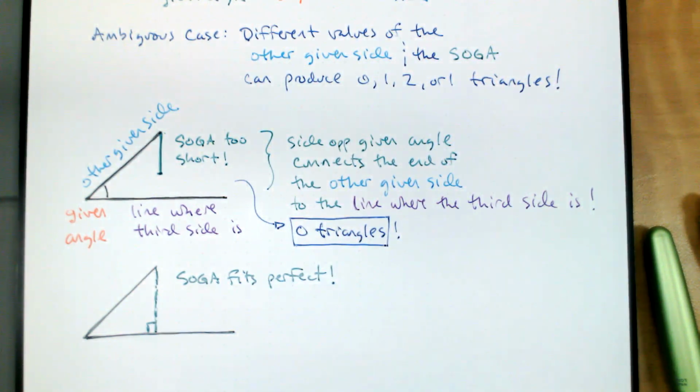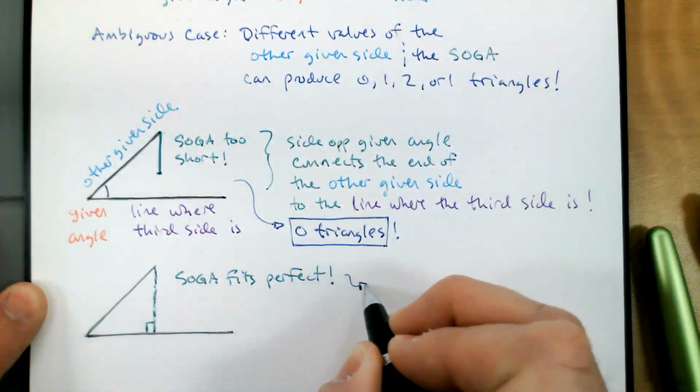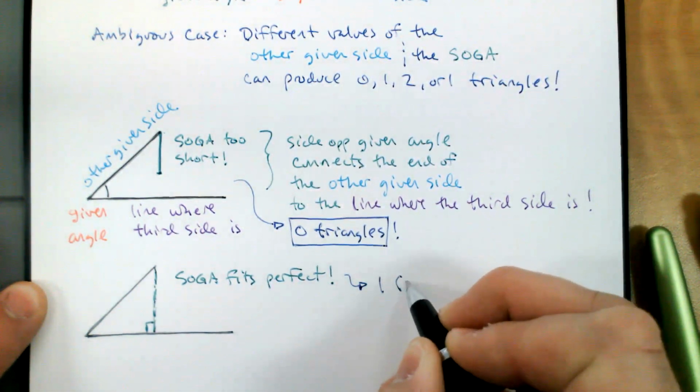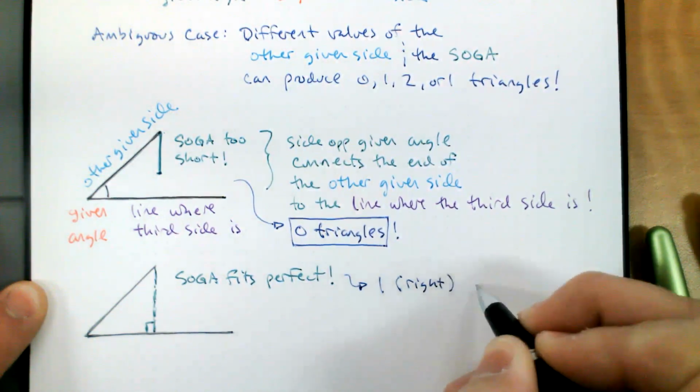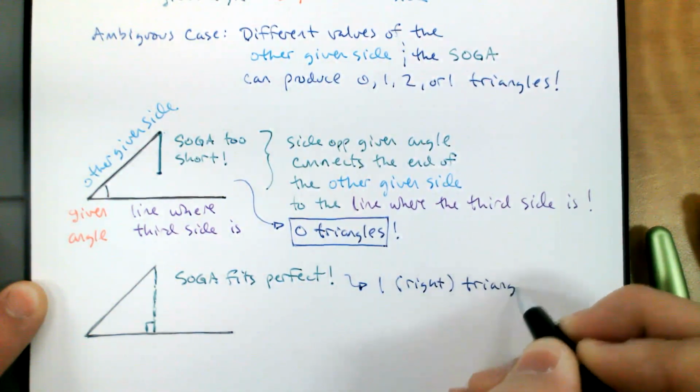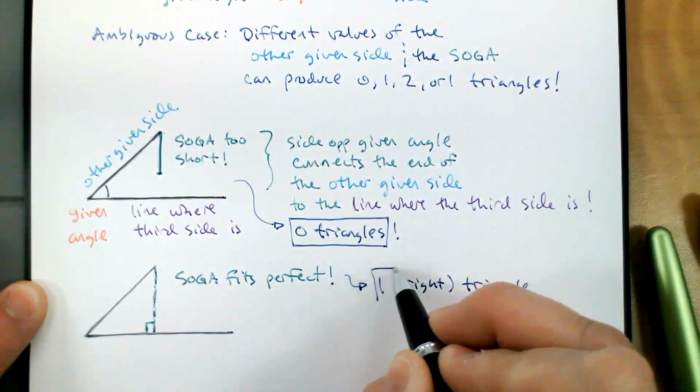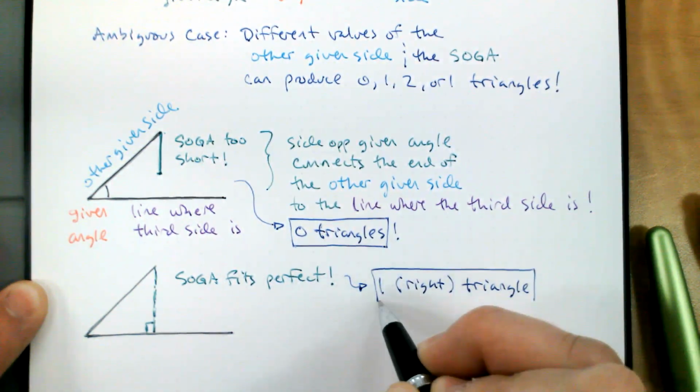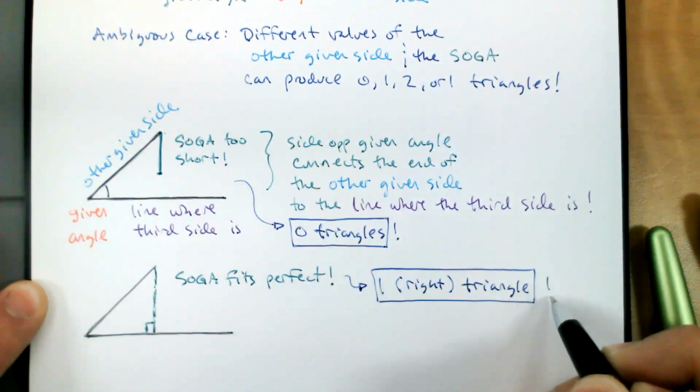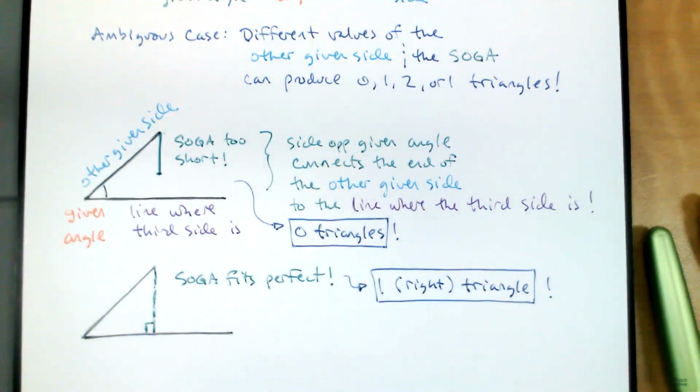In this case, we get one right triangle, where the side opposite the given angle fits perfectly. This is known as the Goldilocks case.